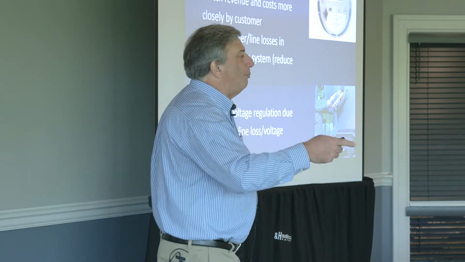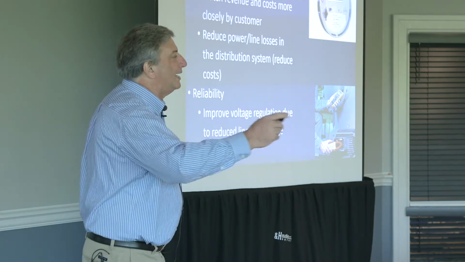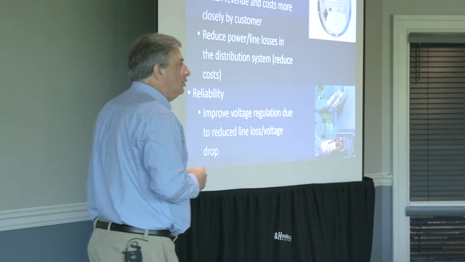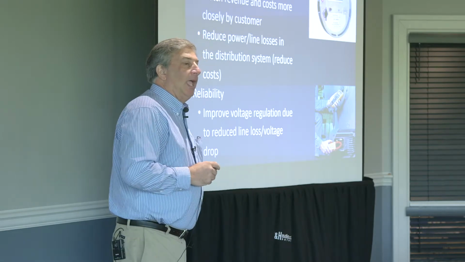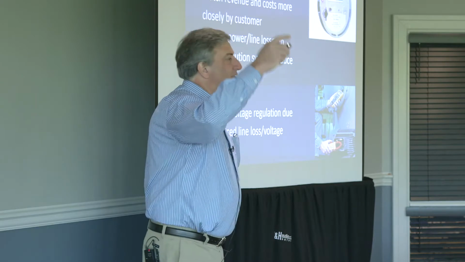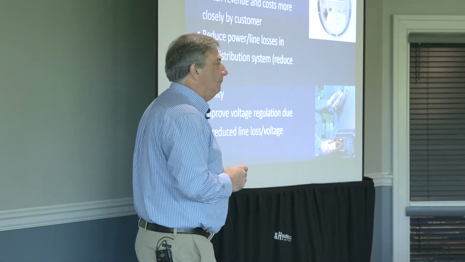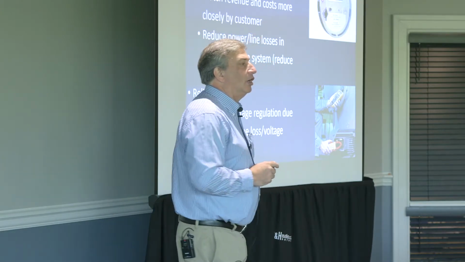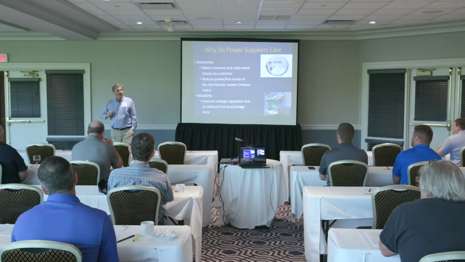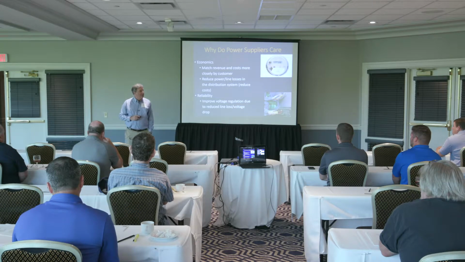Basically, when you have a low power factor, the utility has to provide you more reactive power than normal. And that reactive power means the amps go up that they're providing you above what it could be if you had a higher power factor. So as the power factor drops, they have to provide more amps on their system for you to utilize them.